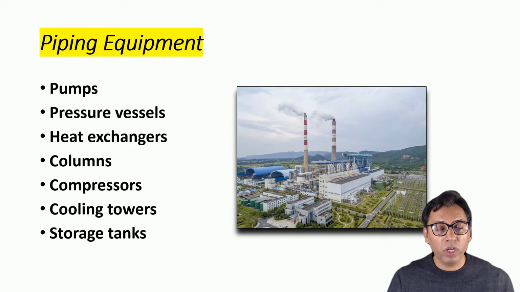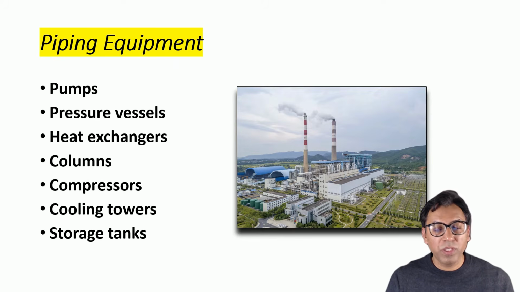From the piping point of view, we have an interface with equipment. We need to know about their geometry, their orientation, nozzle locations, nozzle allowable loads, and nozzle stressing details. All this information about equipment we need to know, because we will connect different equipment, and here is where piping comes in.